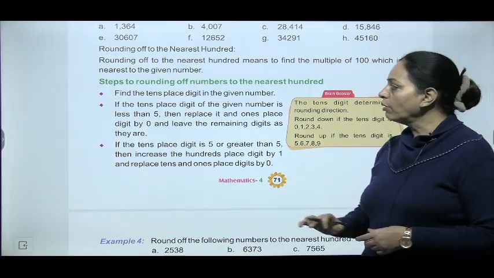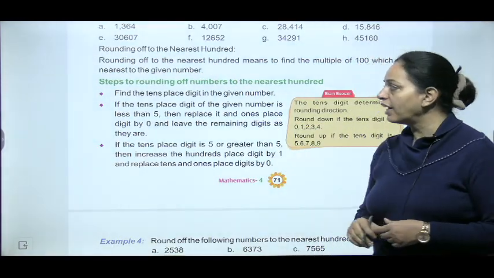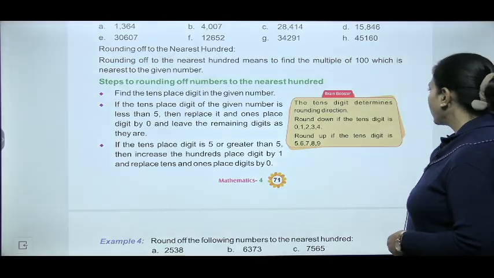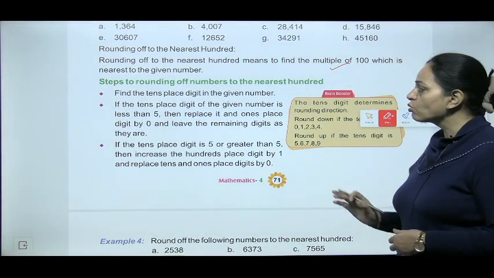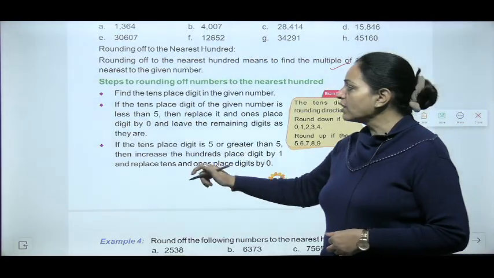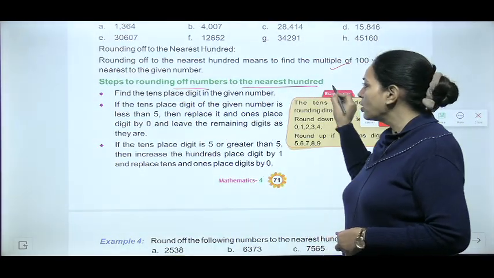The next we are talking about rounding off to the nearest 100. Rounding off to the nearest 100 means to find the multiple of 100 which is nearest to the given number. So what are the steps to rounding off numbers to the nearest 100?